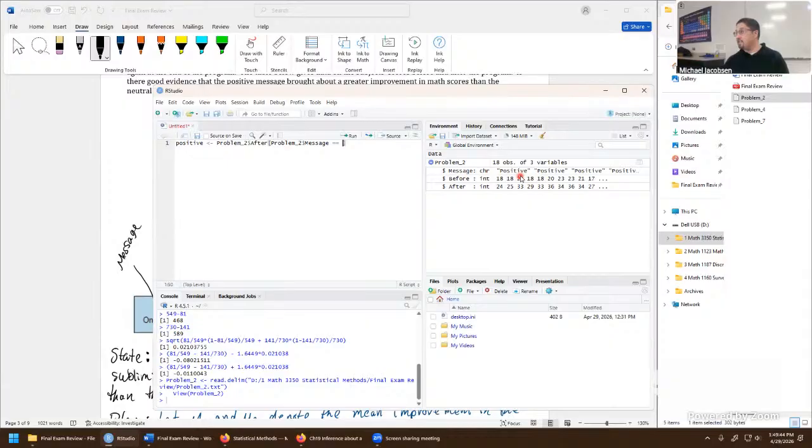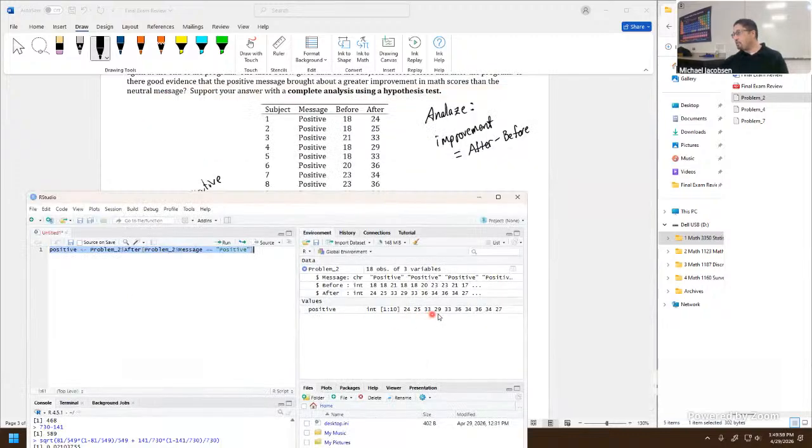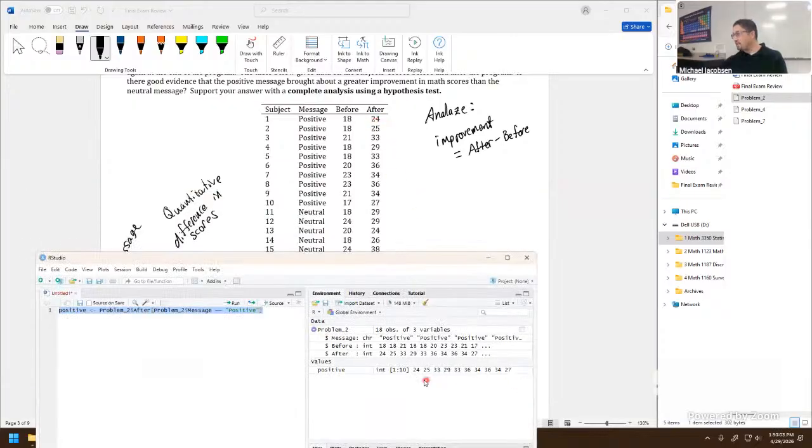Equals, we're making a comparison, put in quotes, match the case, positive. Then let's run this to just make sure it actually runs. I have a string of values, 24, 25, 33, 29. Those are the right values. And there's only 10 of them because there's only 10 people in the positive group.